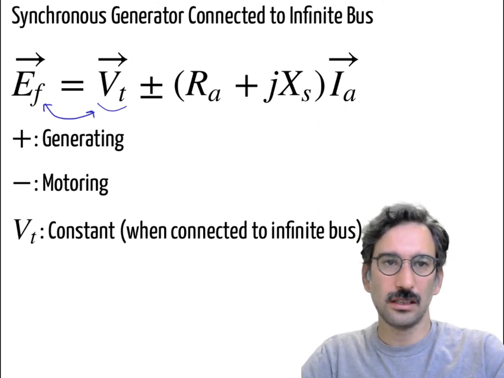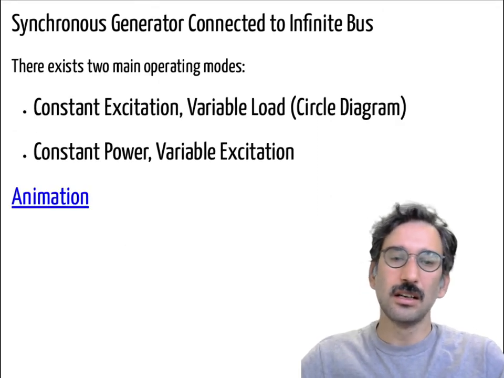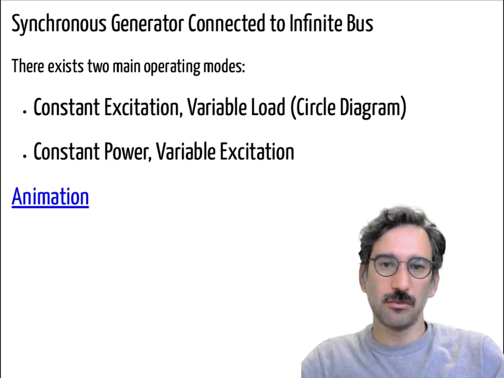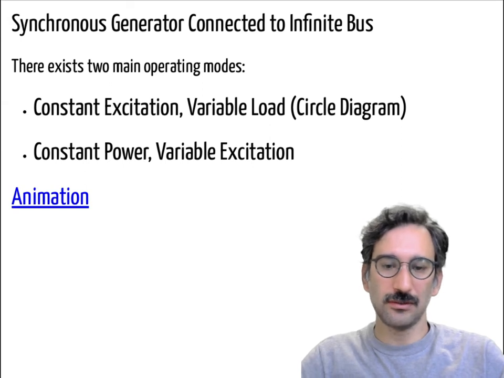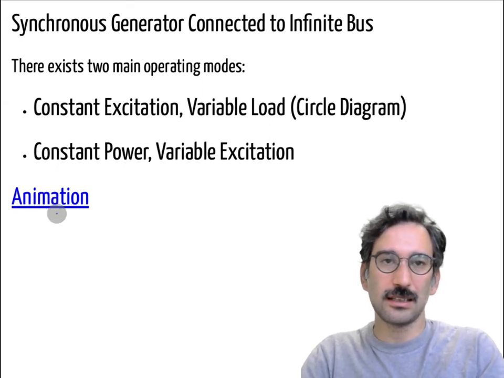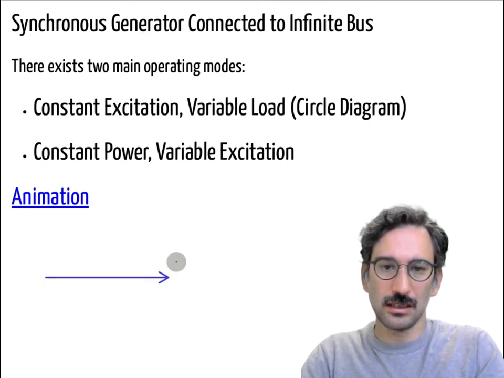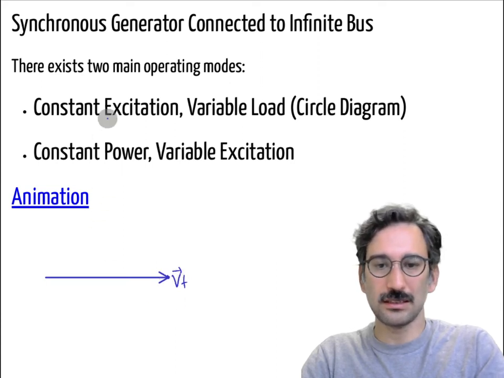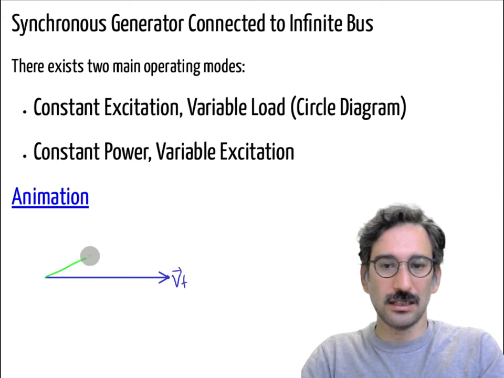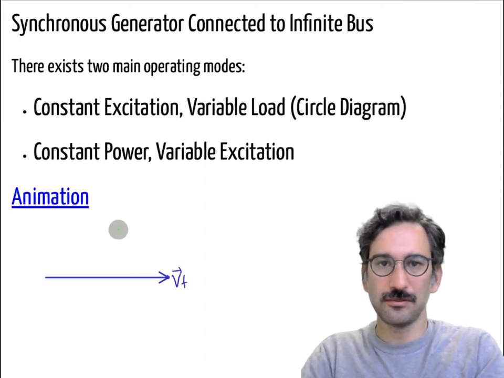So in grid connected synchronous machines, there are two main operation modes. One of them is the constant excitation. We talk about that one in the constant excitation, and actually you can click on the same animations here. So let me try to draw those things again. So this is our VT, and its magnitude and its position are fixed, so it doesn't move, different from the standalone generation. And that is our EF.